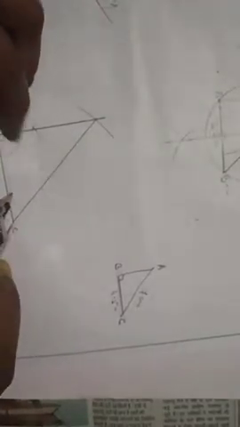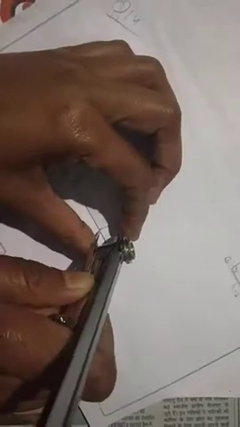How to draw the incenter, students? I have taught you. For the incircle we will bisect two angles and then the intersecting point will be the incenter. So see how to bisect. To bisect we will draw an arc here. Then measure the angle like this.